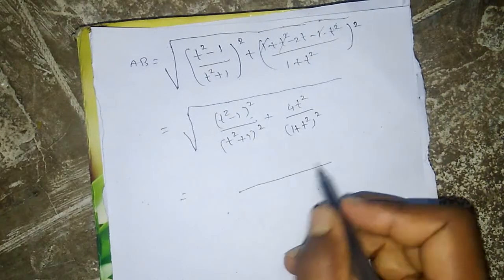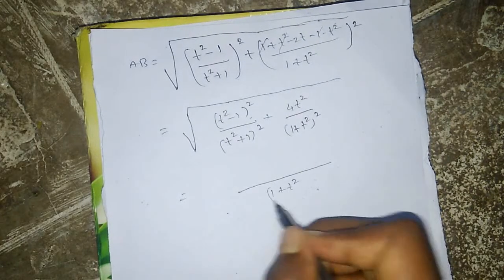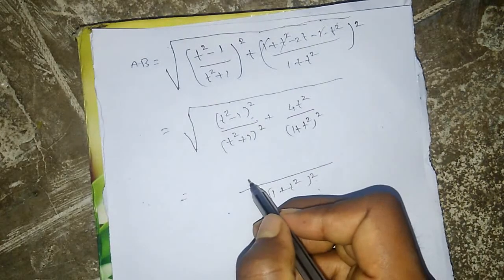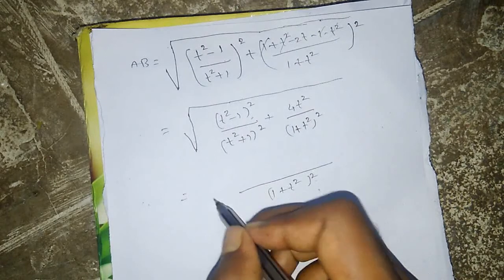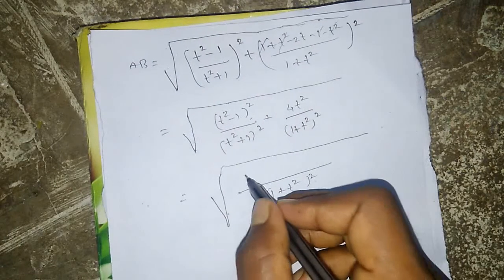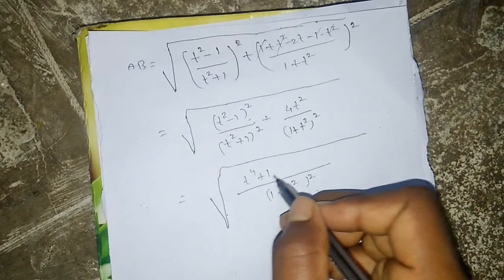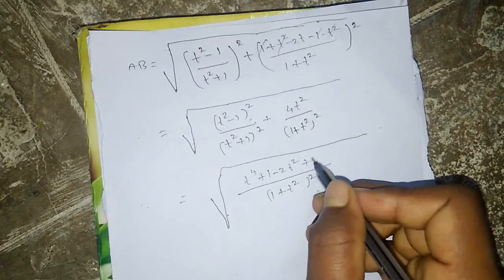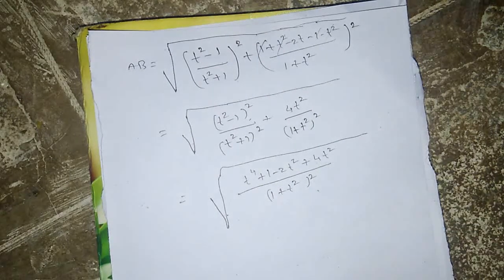Here take LCM, (1+t²)² in the denominator, the numerator (t² − 1)², that is t⁴ + 1 − 2t² + 4t².